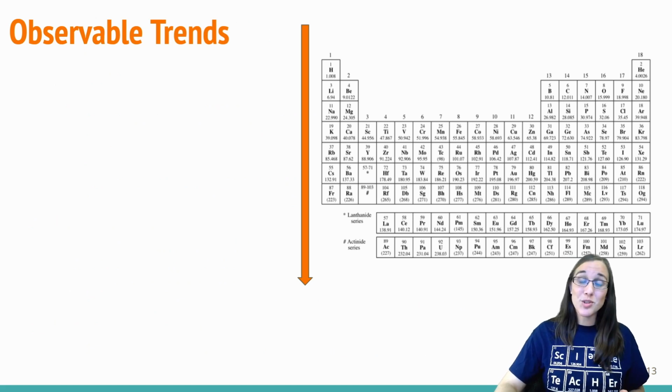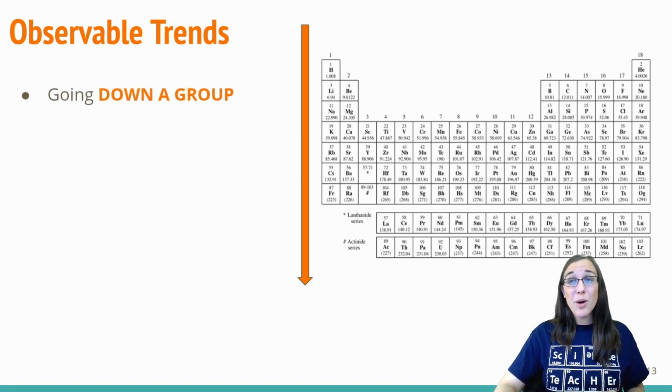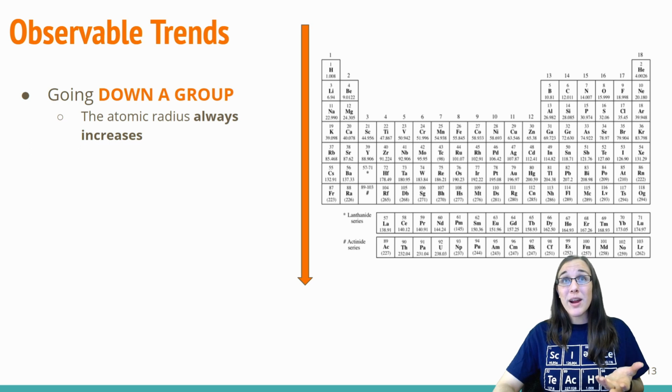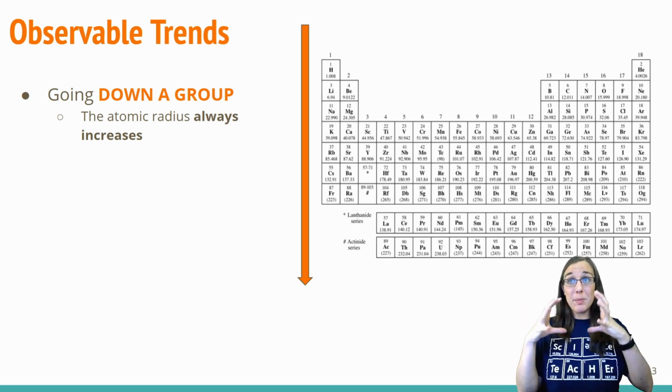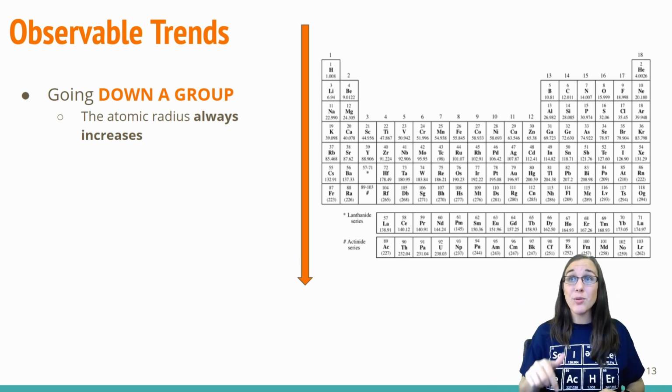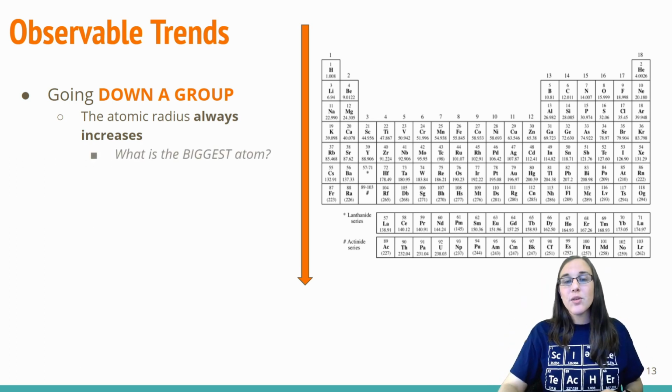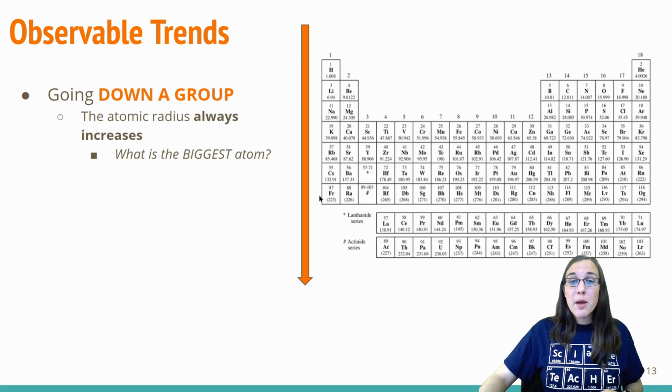Some observable trends. If we're going to go down a group or down a family, what we can see then is that the atomic radius will always increase. In other words, an atom will get bigger and bigger and bigger as you go down a group. So in this case, if we're looking at this arrow here, which one of these atoms would be the biggest?